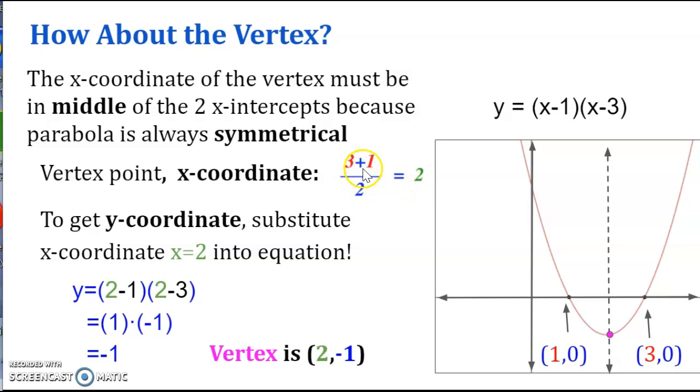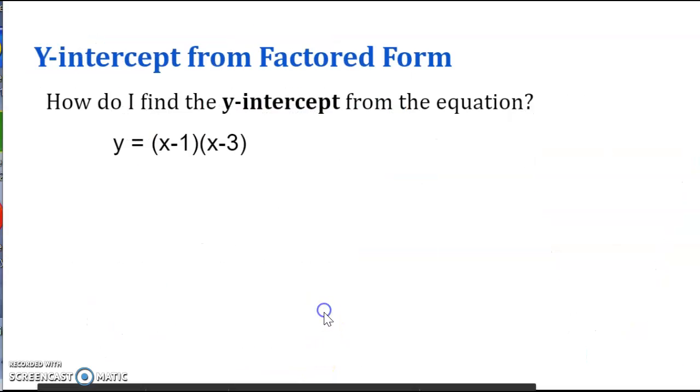So in this case, 3 plus 1 divided by 2, which is 2. And then to find the y-coordinate of the vertex, you need to substitute the value that you just found, x equals 2, into your original equation to figure out what the y value is when x is equal to 2, and so the vertex is (2, negative 1).